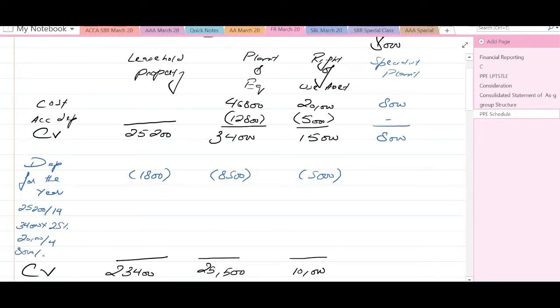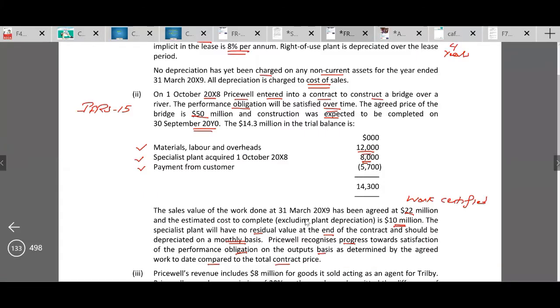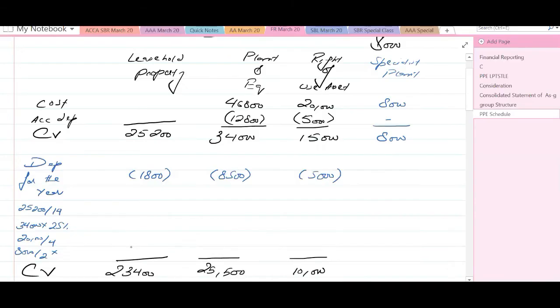It was bought for 2 years, and they entered into the contract on 1st October, so 6 months till March. So 8 divided by 2, 4, and for 6 months, 2,000.